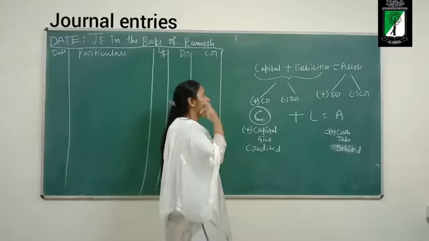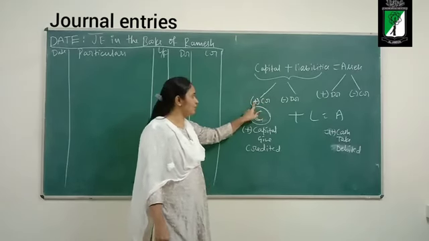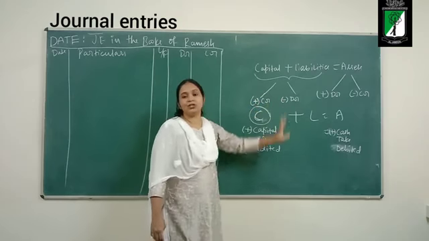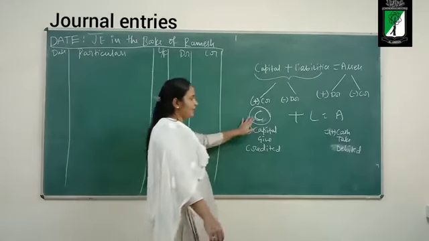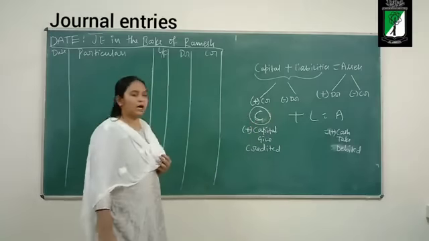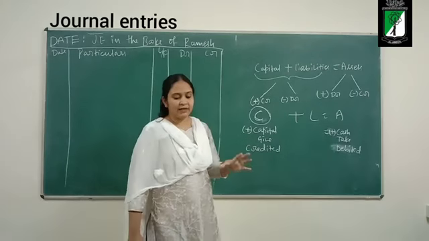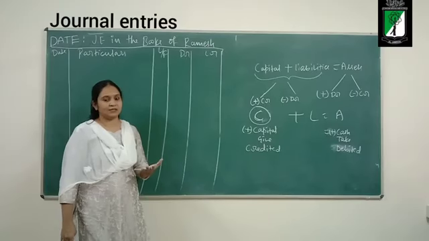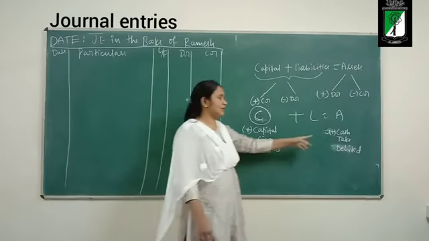For capital and liabilities, the rule is different: increase in capital and liabilities should be credited and decrease should be debited. Now, what is the accounting equation? Capital plus liabilities are equal to assets. So what is the first transaction? Ramesh started business with cash rupees 50,000. What is happening here? My cash balance is increasing.